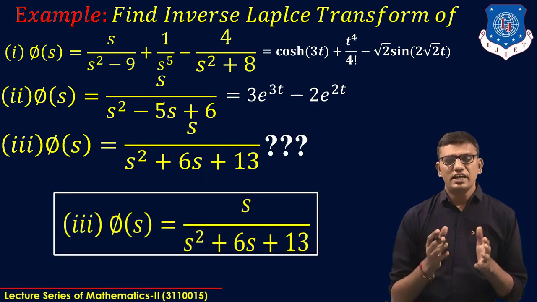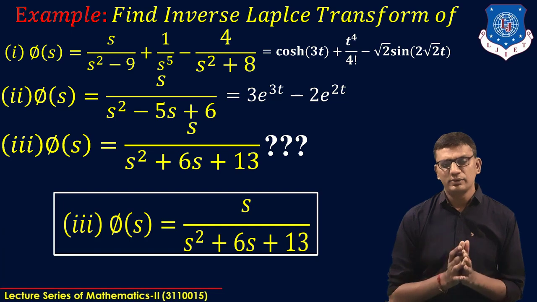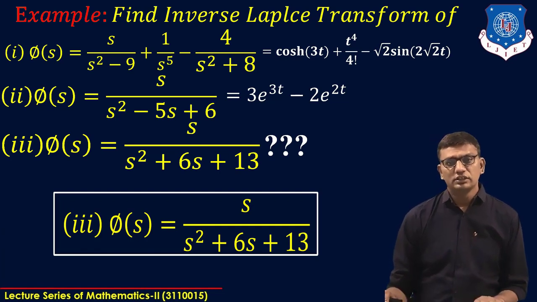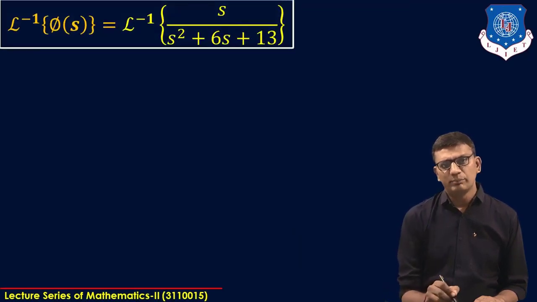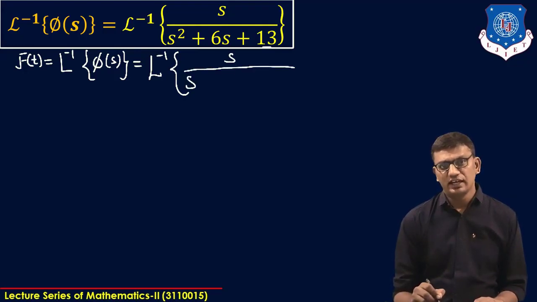Now our third question is s upon s square plus 6s plus 13. In this question we can't factorize the denominator, so we have to apply another trick to solve this example. Here f of t equals L inverse of phi of s, and phi of s is s upon s square plus 6s plus 13, which can be rewritten as s upon s square plus 6s plus 9 plus 4.